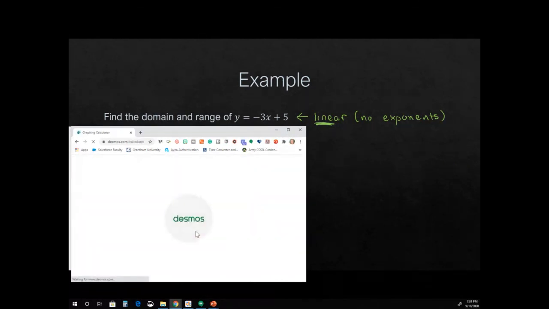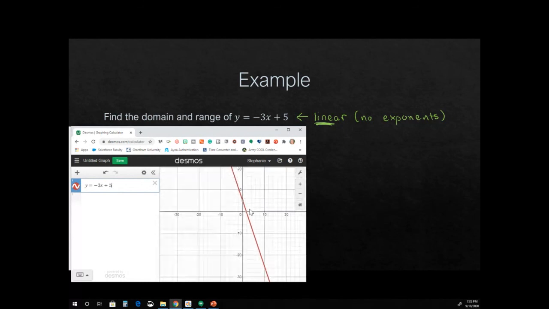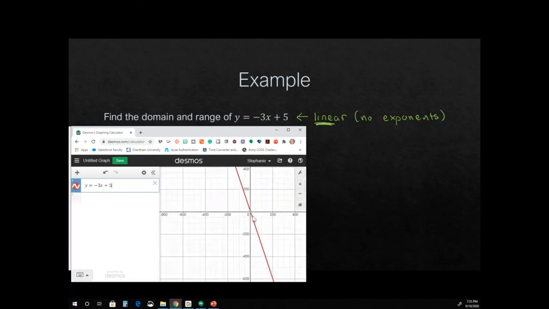When you open up Desmos, you just literally type in the exact equation that you see: y equals -3x plus 5. And then it will give you a graph. The graph doesn't give you any arrows to show that it goes on forever, but you can zoom out and you'll see it just keeps going on forever and ever.